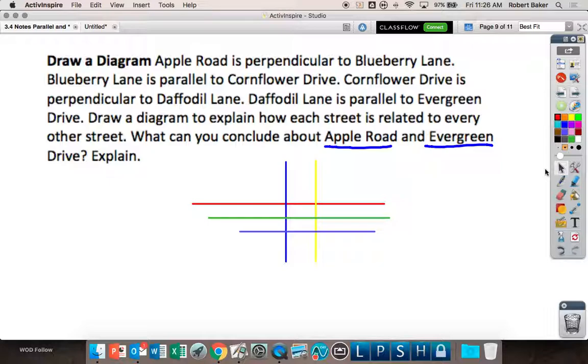Parallel or perpendicular? Apple Road and Evergreen? That's the question. Parallel. Anybody get perpendicular? So does your picture look like this?